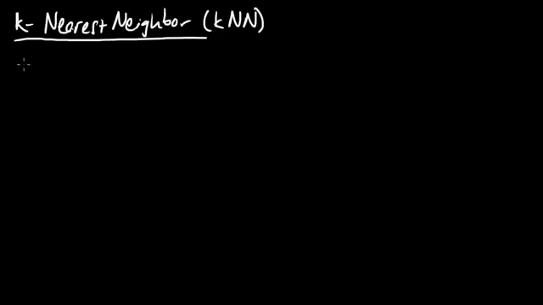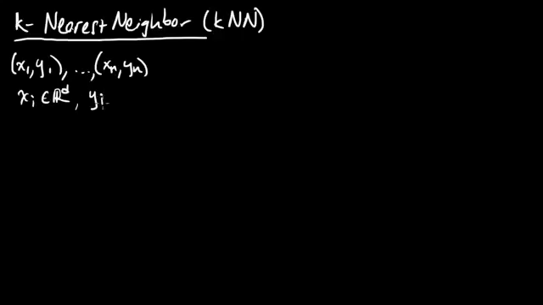Remember, for the classification problem, we have some data, x1, y1 to xn, yn, where each of the x's is some point. Let's say for now they're in Rd, d-dimensional real space, and the y's, for classification, are in some finite set.